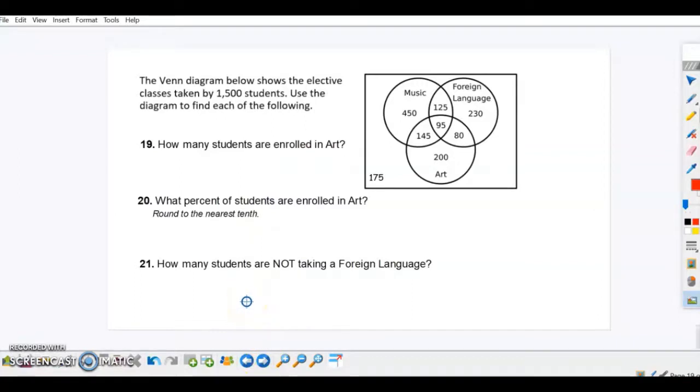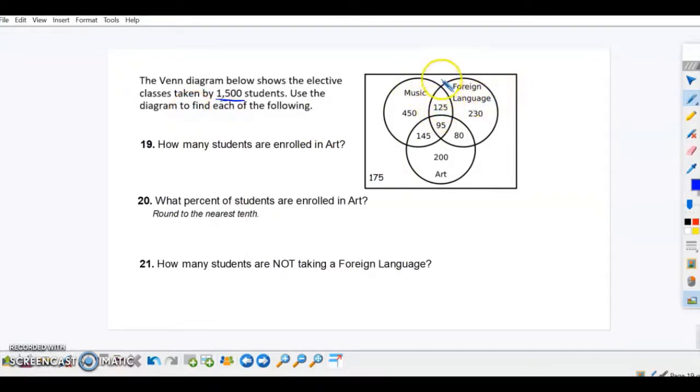Let's do some more to make sure we understand this before we throw some probabilities in this. This Venn diagram shows the number of classes taken by 1,500 students. Okay, so that means if I added all of these numbers up, that should add to 1,500 total students. How many students are enrolled in art?